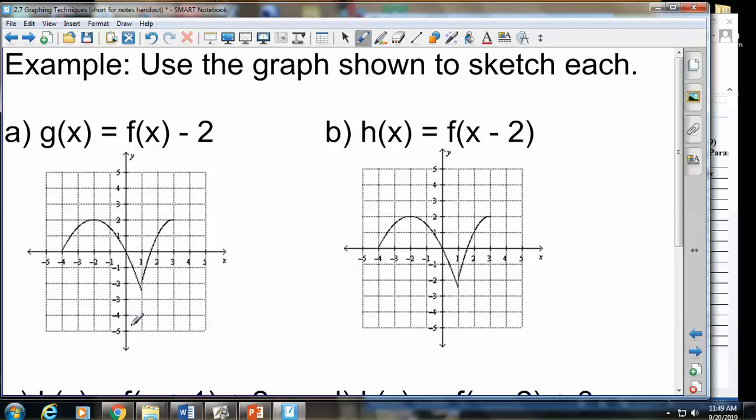So on this one, what would that minus 2 be to my graph? Down 2. So here is my function. Just find yourself some nice points on there, and you are going to move each of those points down 2.